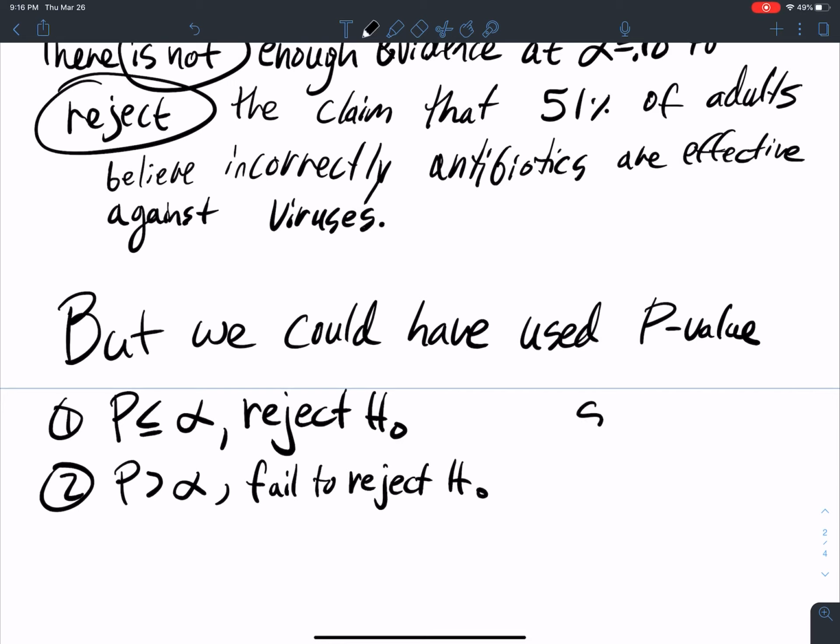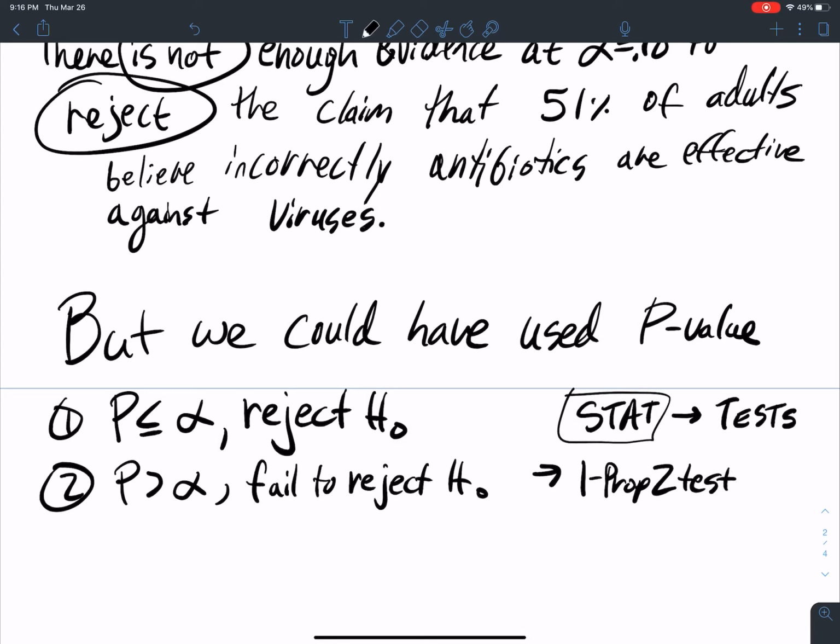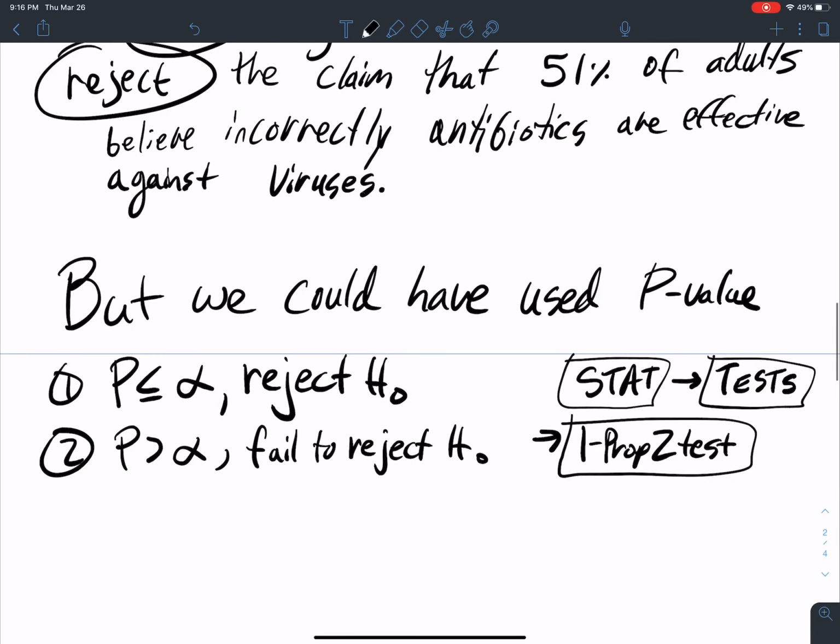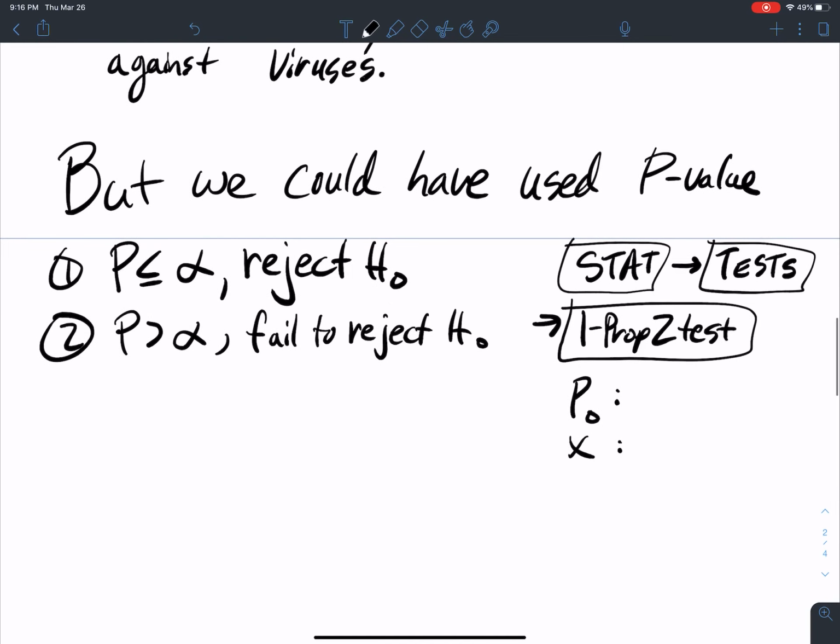Hit stat, then test, then the one prop z-test. You're going to see p0, x, and n.